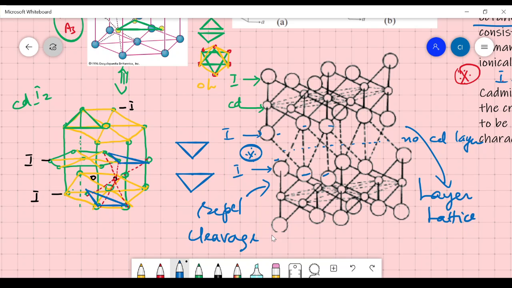Okay, the iodine atoms are arranged in HCP layer. So iodine atoms are arranged in HCP layer. This is the point you have to mention. And then the cadmium atoms are present in octahedral sites. That is it. This is the octahedral site. Actually, it should come like this. This and this should be cadmium atoms.